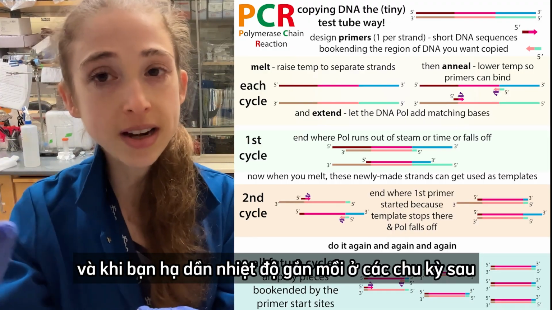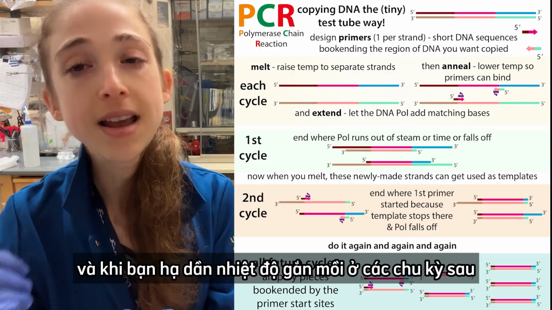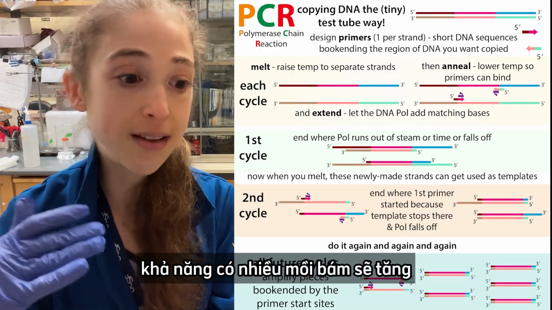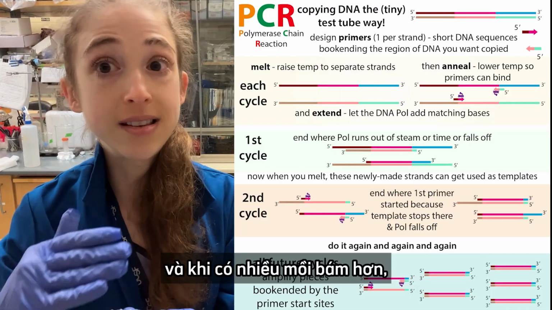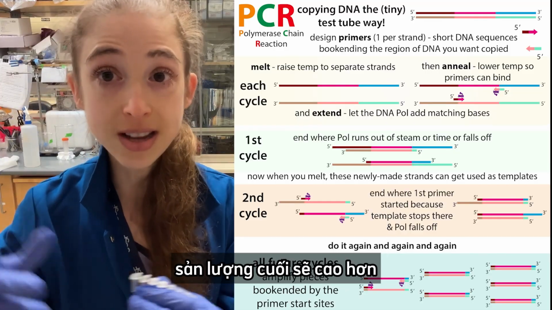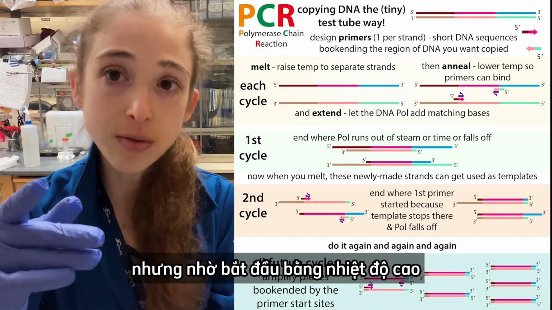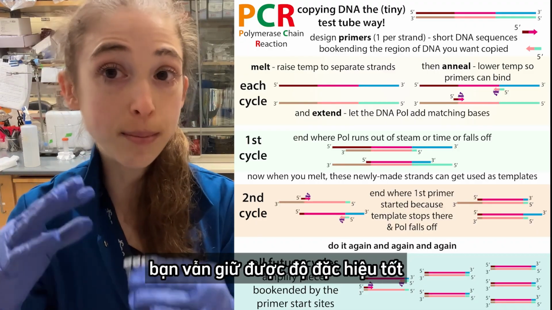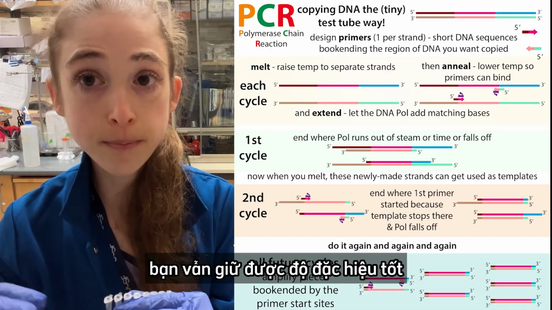And so if you lower that annealing temperature in the future cycles, you make it more likely that more primer can bind. And if you have more primer bound, then you can have a greater yield at the end. But by starting with that high temperature, you're able to get that better specificity as well.